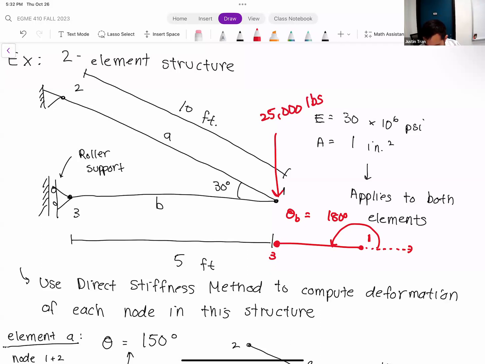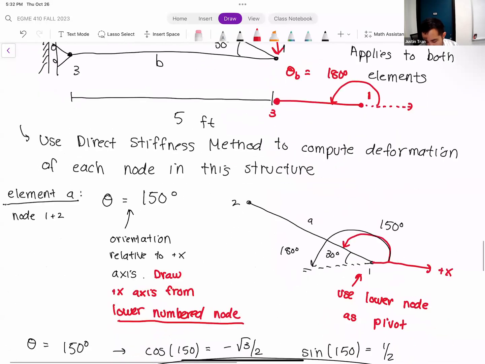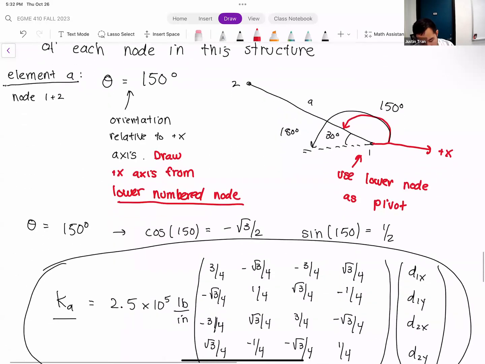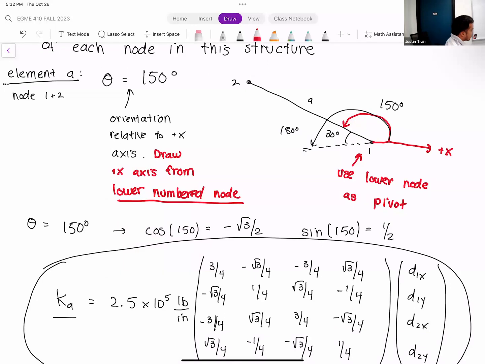What we started with last time is making the element stiffness matrices. The main point I wanted to drive home is that when you have elements that are angled, you want to make sure that you apply the correct theta, or the correct angle, into your calculation. We talked last time about how to compute those.